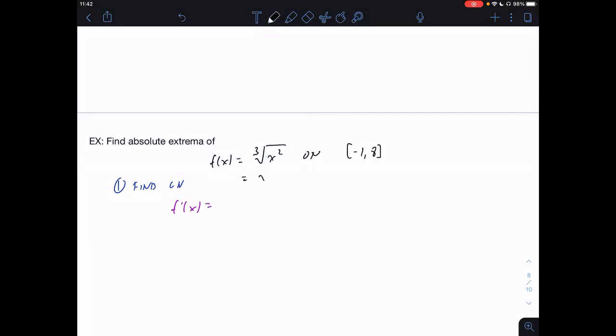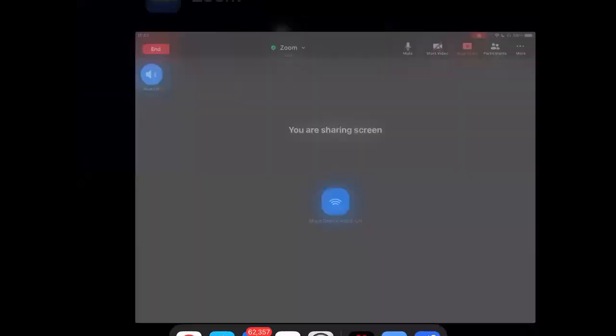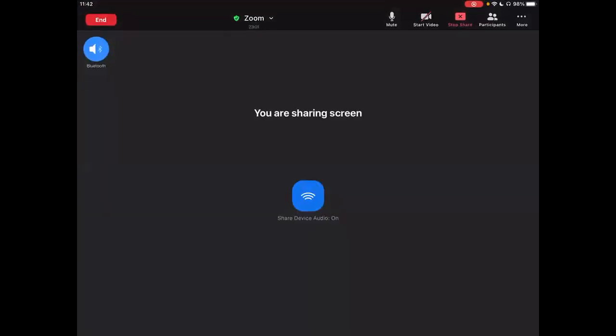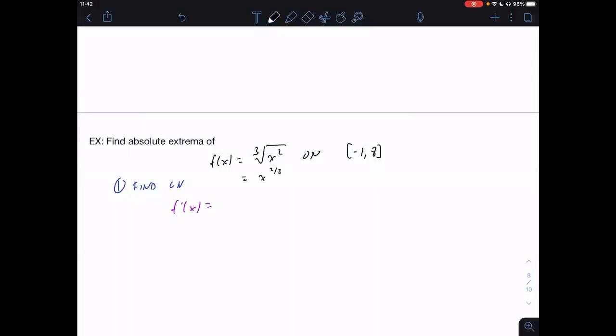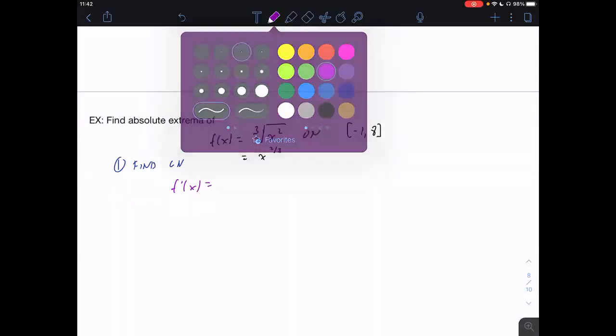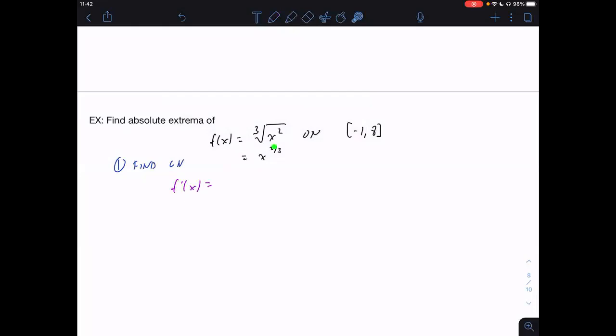So this will be the same thing as x to the 2/3, using the rules of exponents and radicals. All right, so the derivative of x to the 2/3: bring the power down, decrease the power by 1. That's going to give us 2/3 times x to the 2/3 minus 1, which gives us negative 1/3.